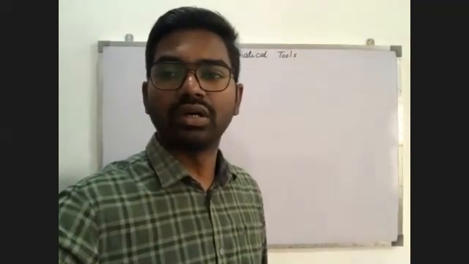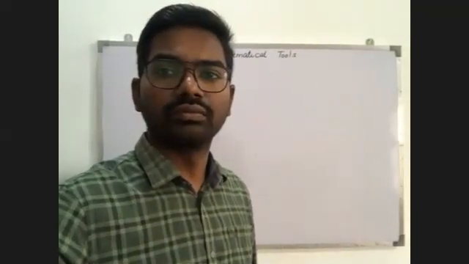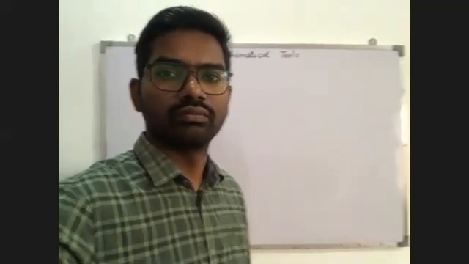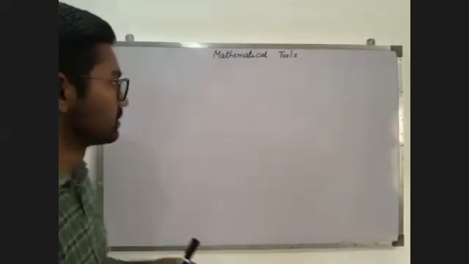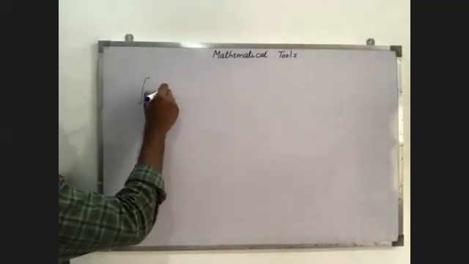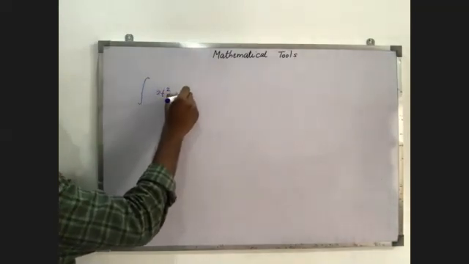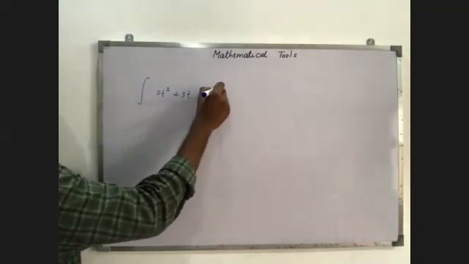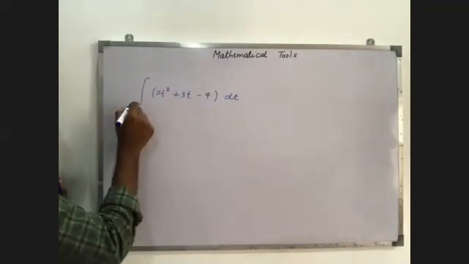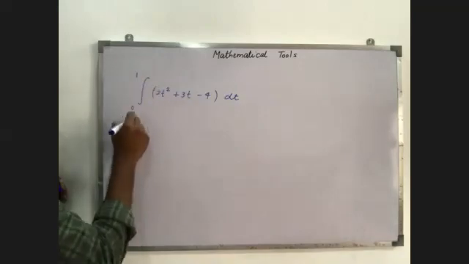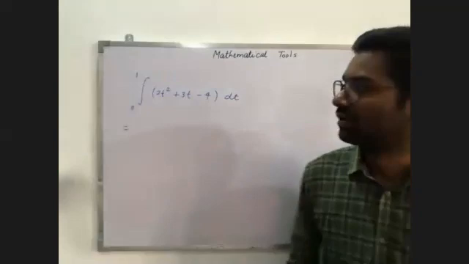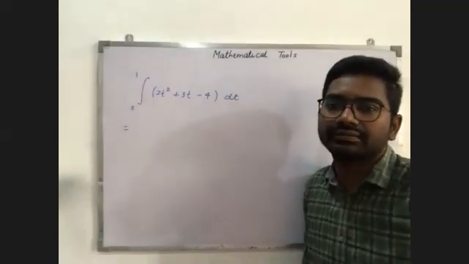Now everyone try to solve one more question I am giving to you. So let's suppose integration of 2t square plus 3t minus 4 dt from 0 to 1. If I want to integrate, everyone calculate what is going to be the value for this integration.